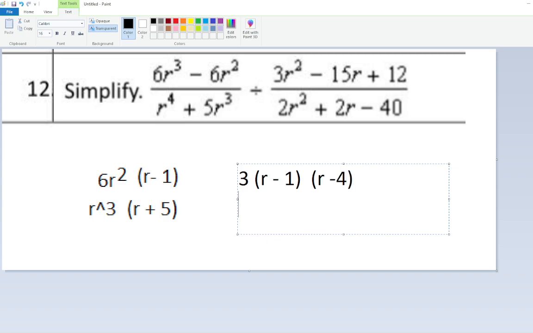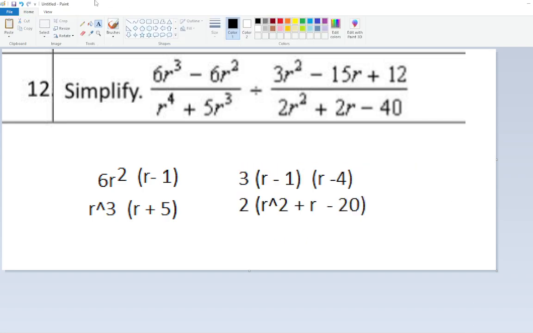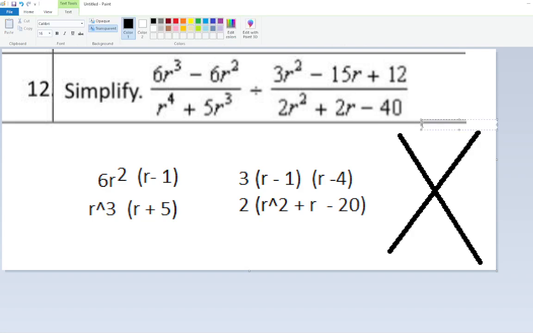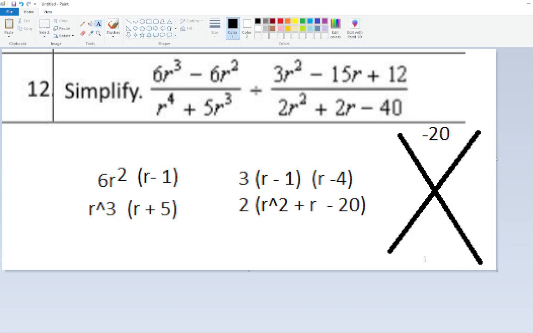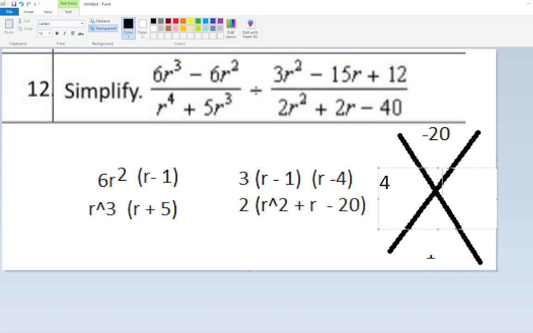Down below, the same thing's true. I can factor out the 2, and it's going to make my factoring a lot easier when I'm trying to find this, R squared plus R minus 20. Now I have to find a number that multiplies out to minus 20 and adds up to positive 1. When something adds up to positive 1, the factors must be very close to each other. The only factors of 20 that can add up to positive 1 are 4 and 5.